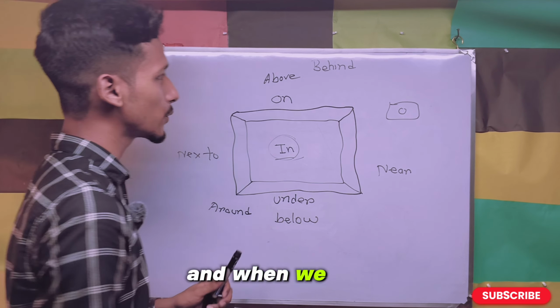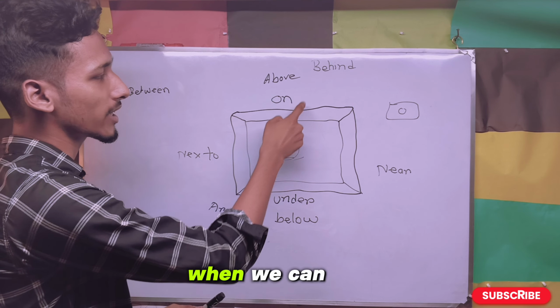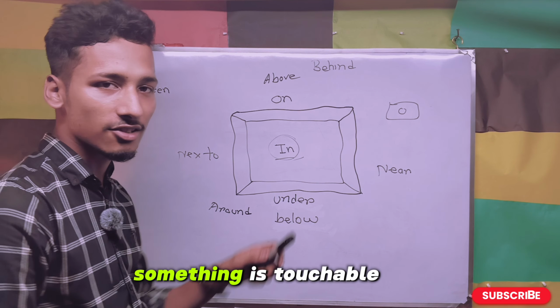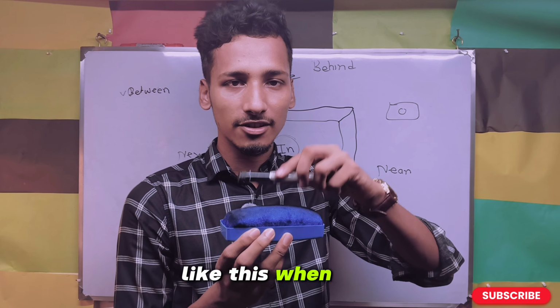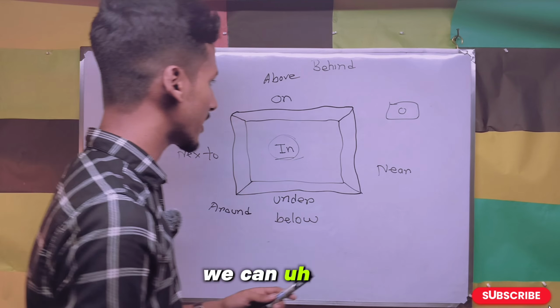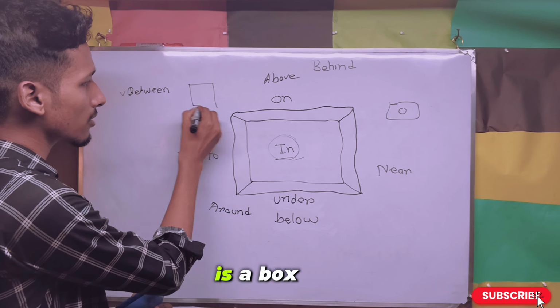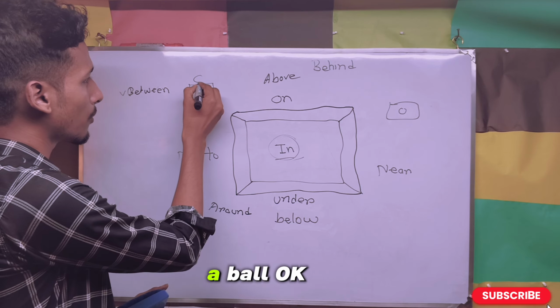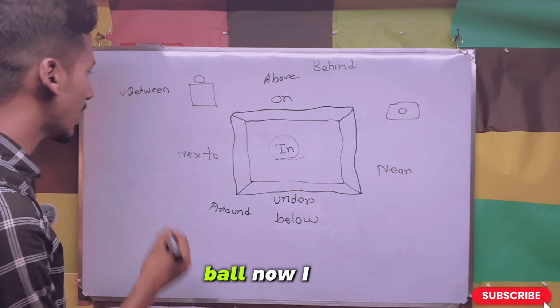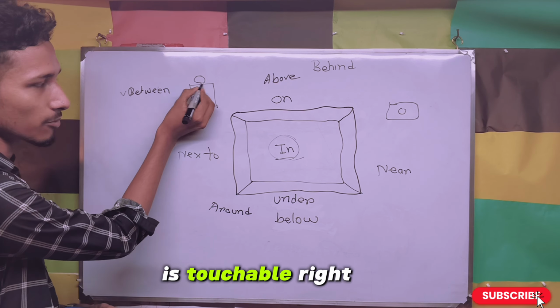And when can we use "on"? When something is touchable, we can write "on". Suppose this is a box and here is a ball. Now I can say this is touchable, right?